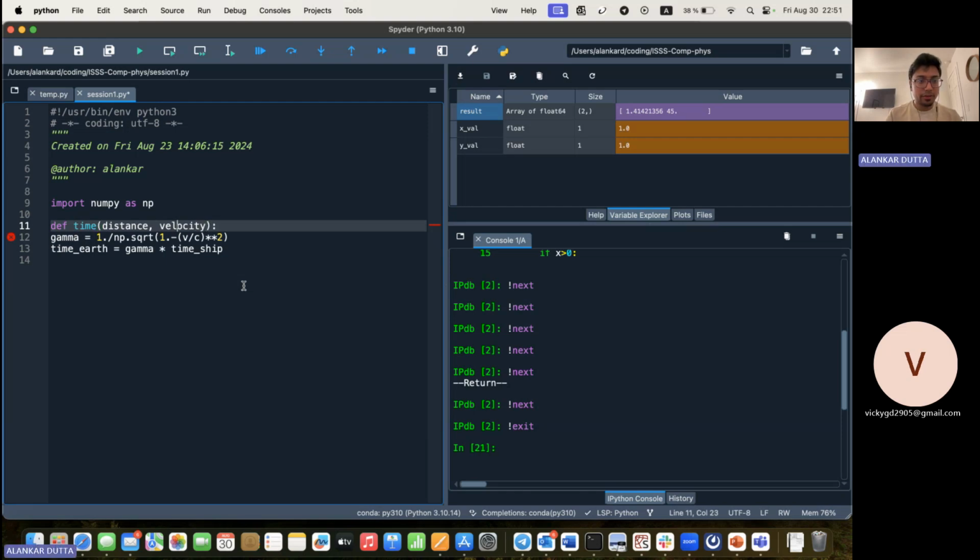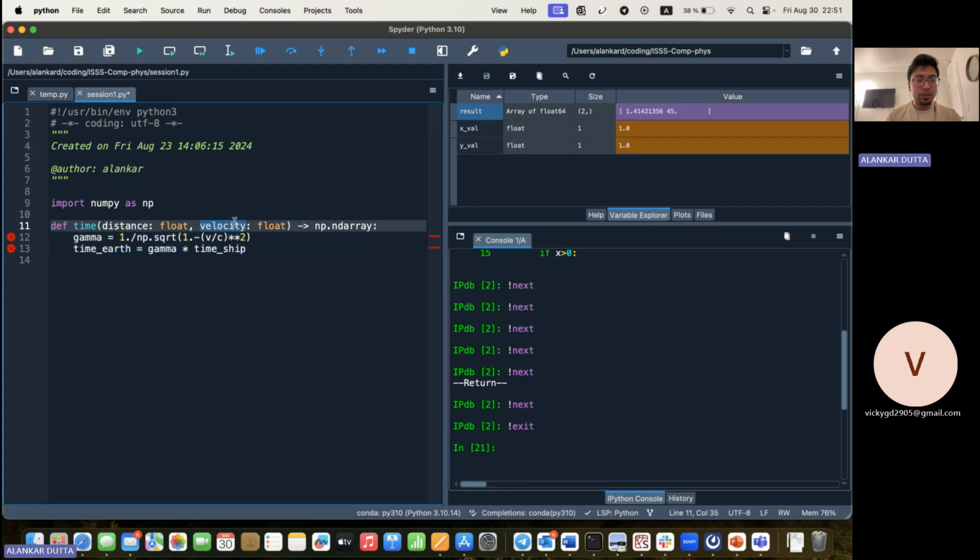And this is again a float. Velocity is also a float. And what we are going to give are 2 times, so we will give it as an np.ndarray. This is an array.